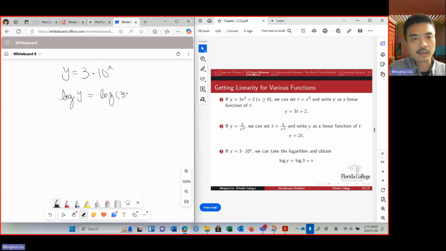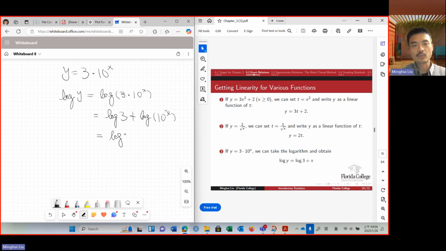We take the log of the right-hand side, 3 times 10 to the x, and recall that the logarithm of a product of two numbers is the sum of the two logarithms. So it's log 3 plus log 10 to the power of x. Because the log function and the exponential function are inverses of each other, the second term simplifies to x.